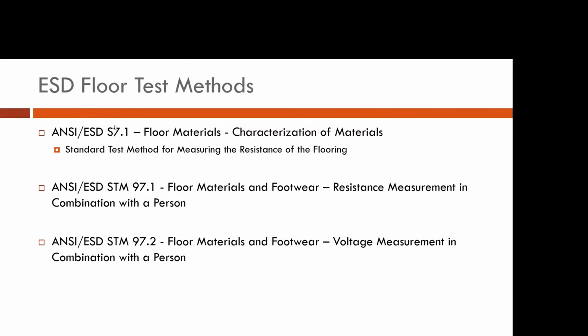So is there a path to ground? And is the operator connected to the floor, to the path to ground? And then the static propensity: how much voltage is generated when the person or the operator is walking across the floor? And these 3 tests are the S7.1, S97.1, and S97.2.